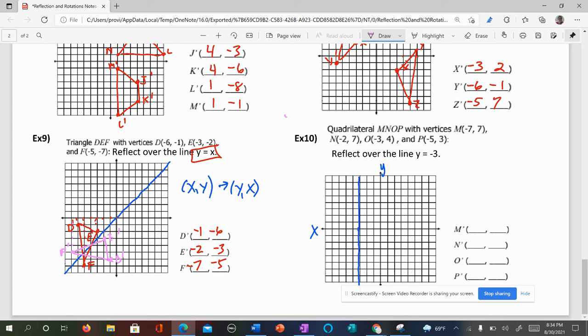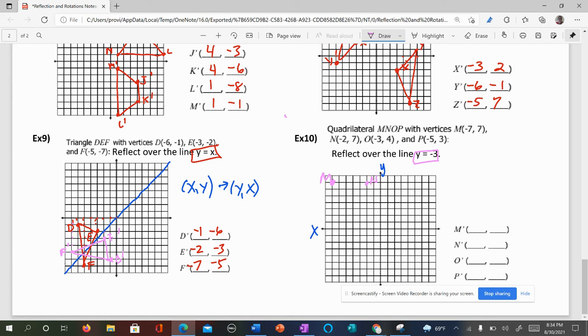We have one left to do. And I already drew in the line. We're going to go to the, and I did it wrong. I'm glad I caught that. Okay, let's plot the points and then I'll draw the line. So we go back 7 and then up 7. And that is M. Back 2, up 7.